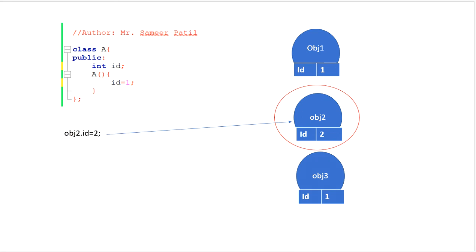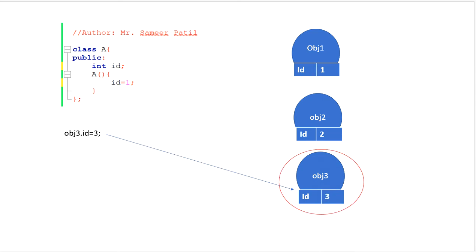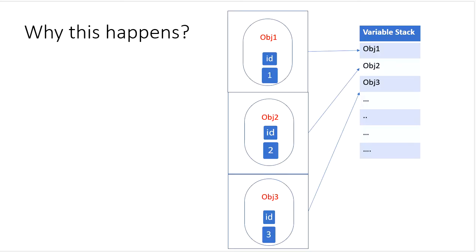When you change object2.id to 2, only that copy will be modified, and object 2's id value will be changed to 2. Still, object 1 and object 3 will hold the value 1 for their id variable. If you modify object3.id, it will again change only the id of object 3. So why does this happen?